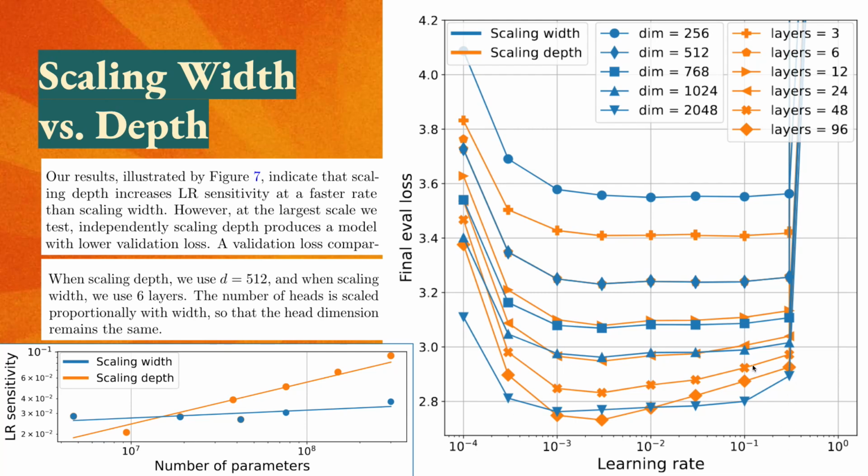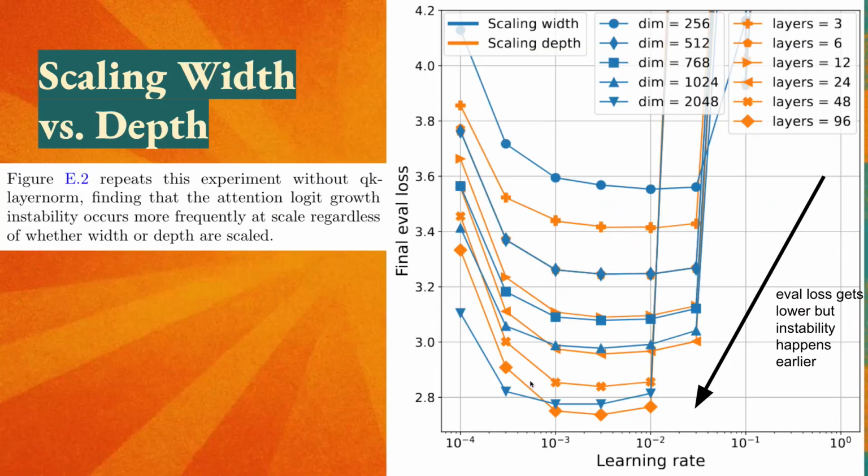So we're going 3 orders of magnitude here, and we still have a lot of stability. If we remove QK-layernorm, we can now only go from 3 e neg 4 to 1 e neg 2. So about half of the range is now possible, because if we go past that and try a higher learning rate, we're going to diverge our loss.